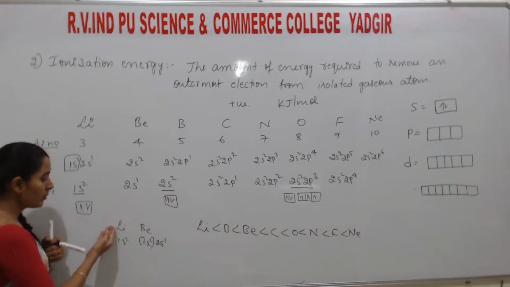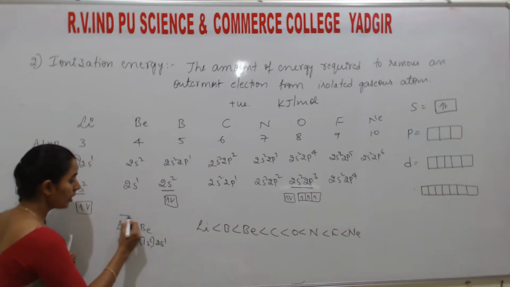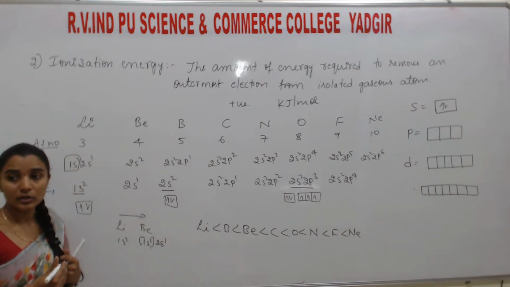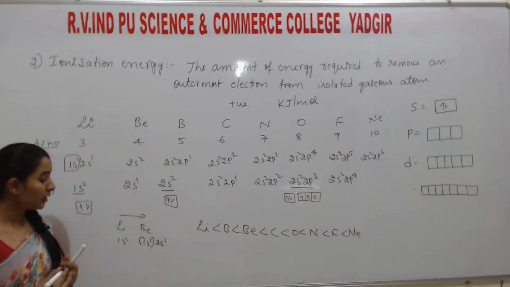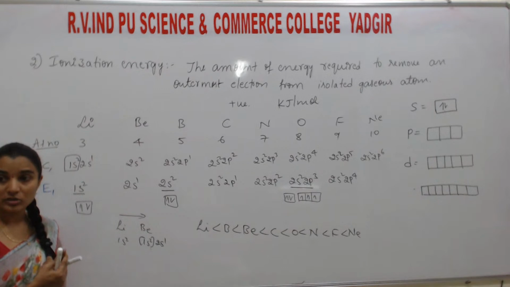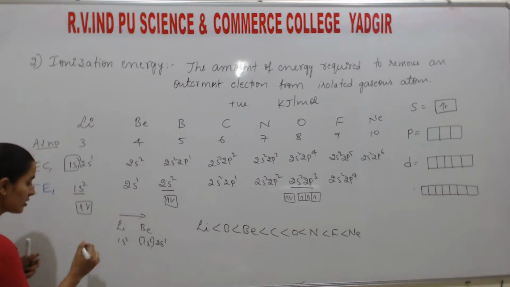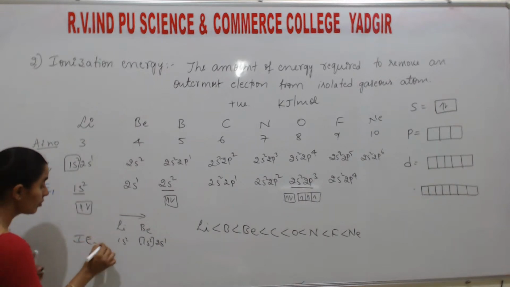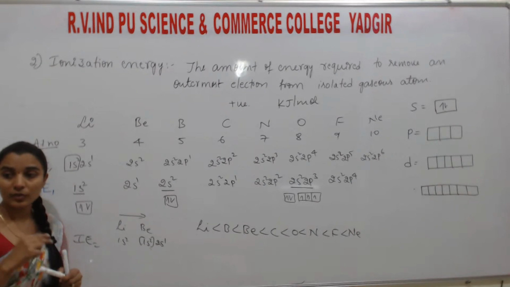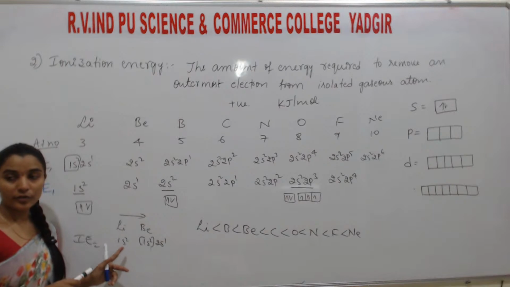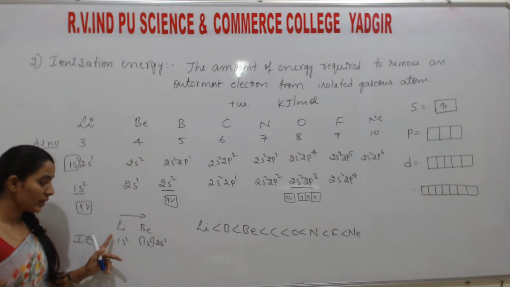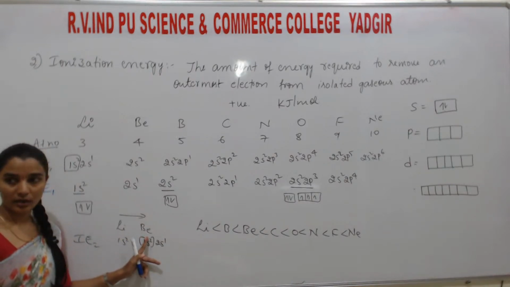So for lithium and beryllium, along the period ionization energy increases, which means beryllium should have greater ionization energy. But here lithium has greater ionization energy for the second ionization energy, IE2. If you want to remove 2 electrons, this one requires more energy than this.